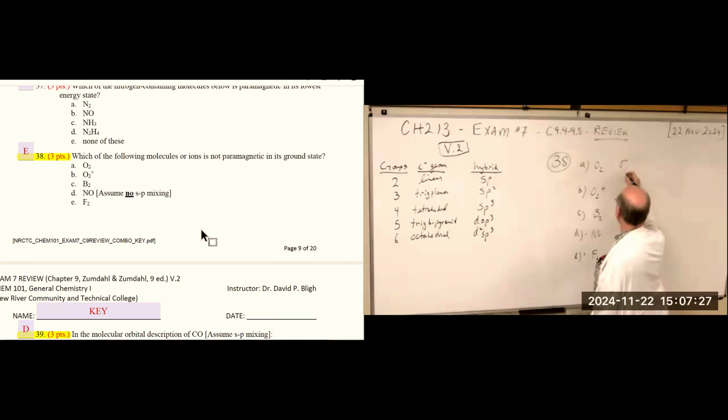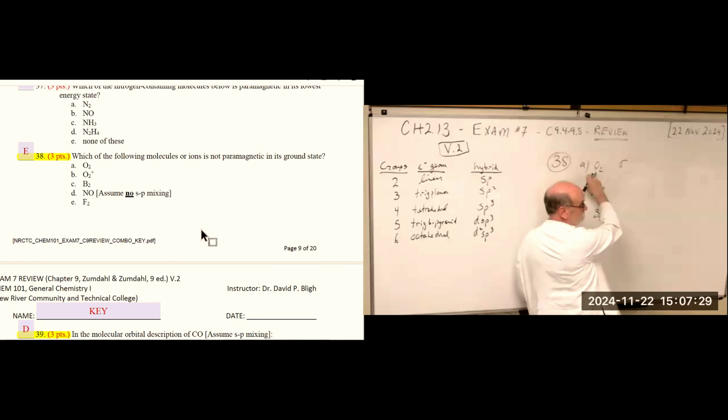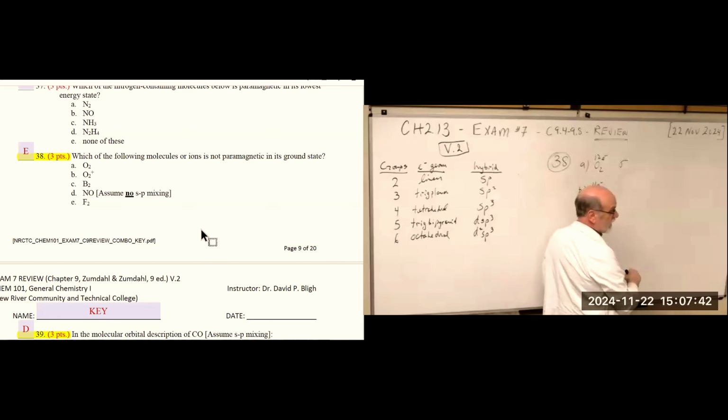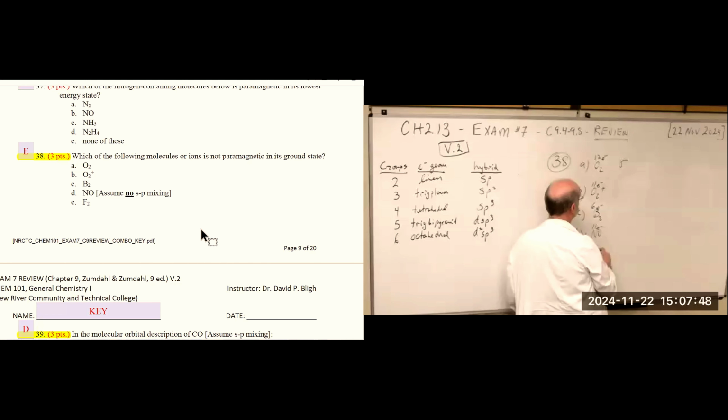Okay. Let's see. That's 6, 12 electrons. This is 11 electrons. You have to subtract 1. Boron is 6. These are valence electrons. 5 plus 6 is 11. And this is 14 valence electrons.